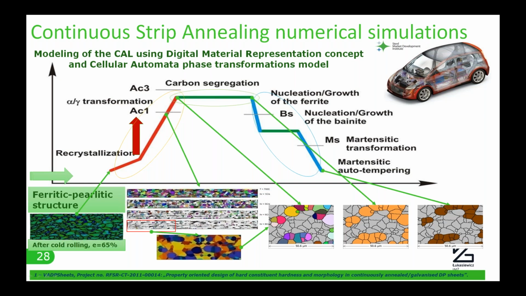The first model is for cold rolling, the second for heating, the next for soaking in intercritical annealing, and the last for cooling, considering three austenite phase transformations into ferrite, bainite, and martensite. Based on the volume fractions and kinetics of structural constituents formed during cooling, the mechanical properties model allows us to forecast the mechanical properties, which are next compared with experimental data.